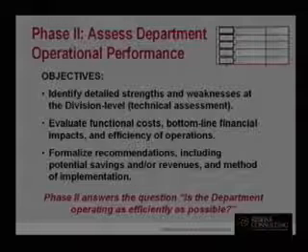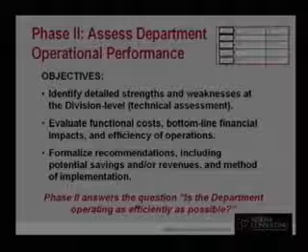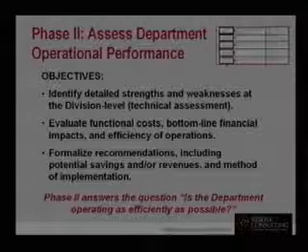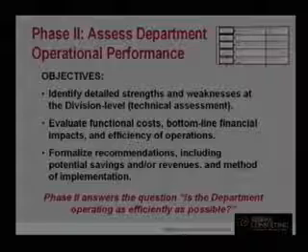So in phase 2, again, thinking technical, we're assessing operational performance. We'll look at the way the department is operating within its divisions at the division level, treatment plants, collection, distribution, all of the technical functions of the department.